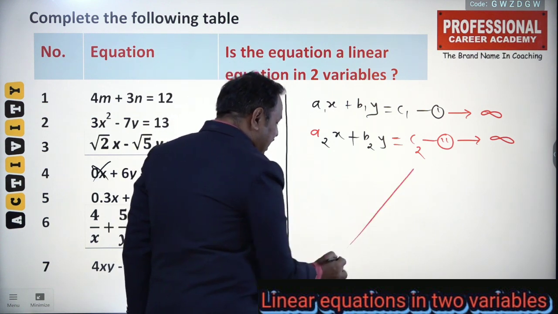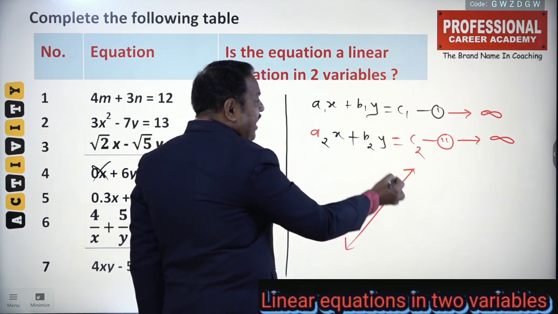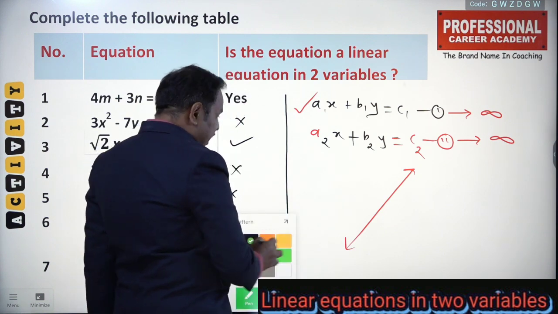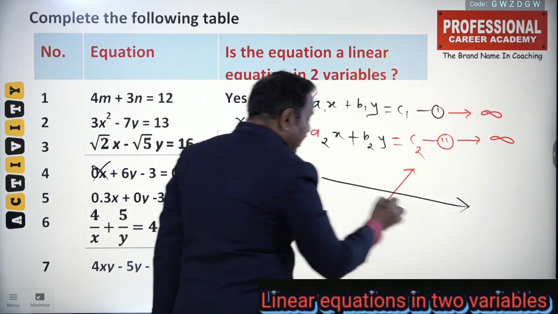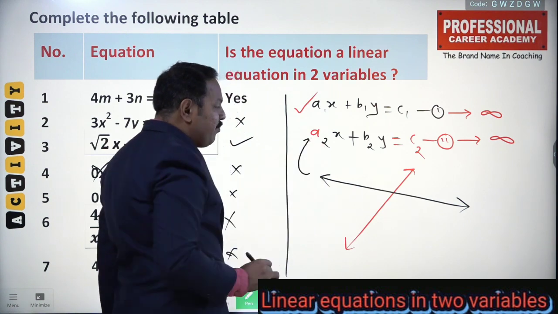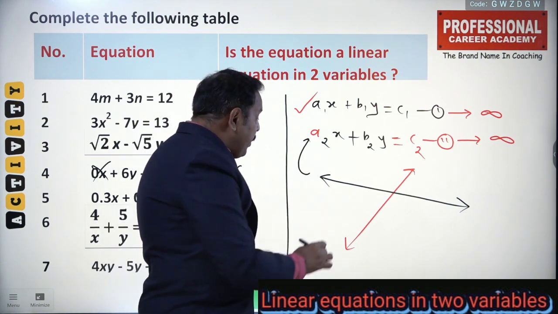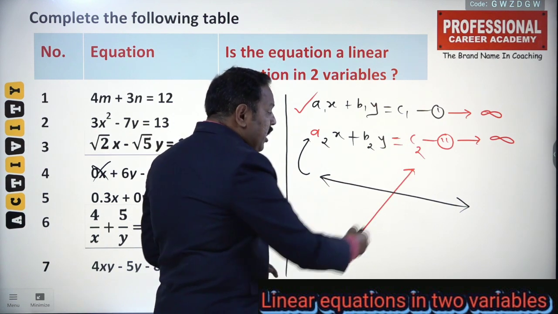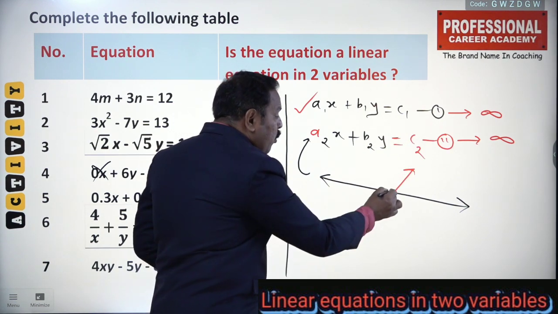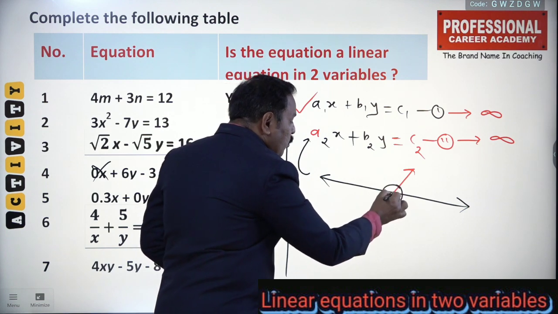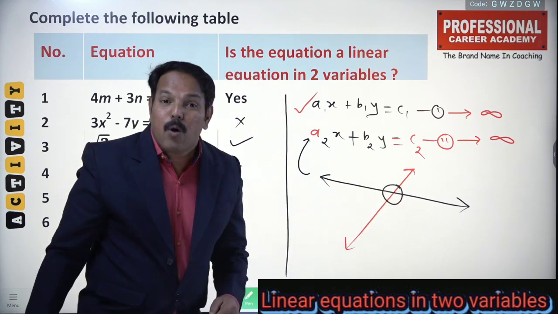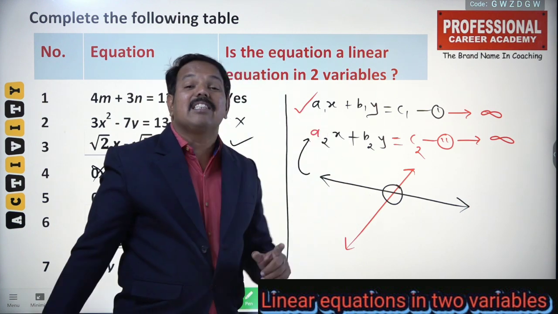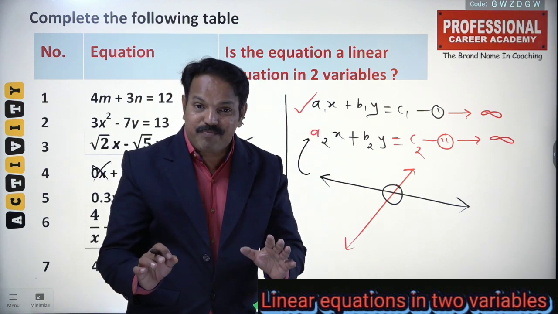If we plot the graph, suppose this is the line for the first equation, and this is the line for the second equation. Here there are infinite solutions, and here also infinite solutions. But look at this, this is the common solution. It means these two equations are simultaneous equations.